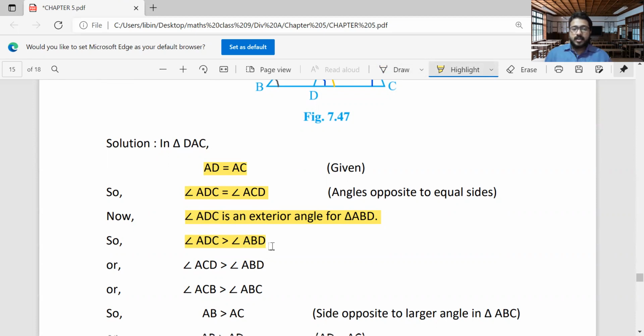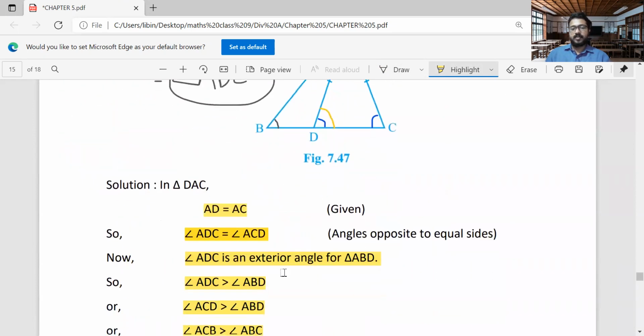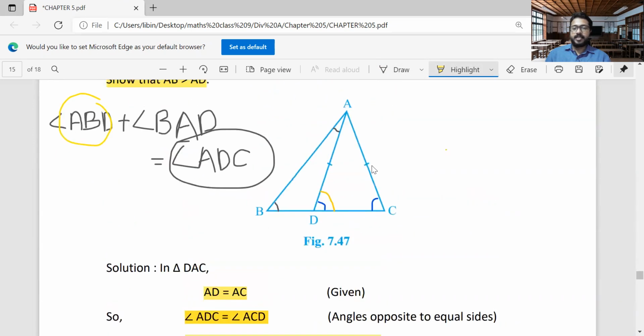Now, we have seen that angle ADC is equal to angle ACD. So instead of angle ADC, we can write angle ACD is greater than angle ABD. Or we can write that angle ACB is greater than angle ABC.